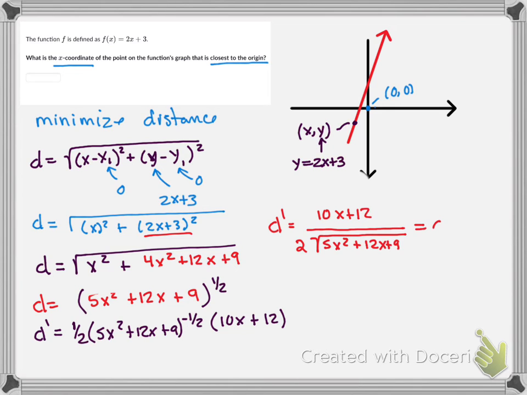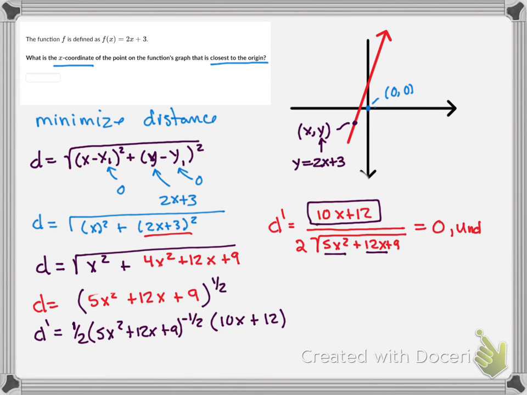And we want this to be equal to 0 or potentially undefined. We could have a cuspy max or min. Well, if we want it to be equal to 0, it's just when the numerator equals 0. If we want it to be undefined, it's when the denominator equals 0. Well, this is probably never going to equal 0 because all these are plus, and we can't have a negative x.